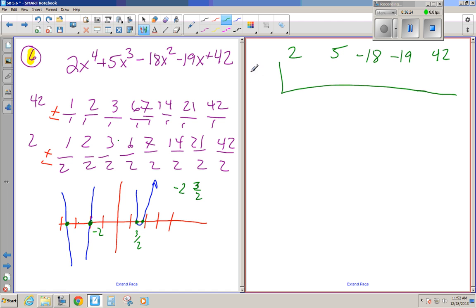So let's do -2 first. Let's use the whole number. Drop down the 2, multiply, add, multiply, add, multiply. It's -9, that's 18. Does not give us 0.